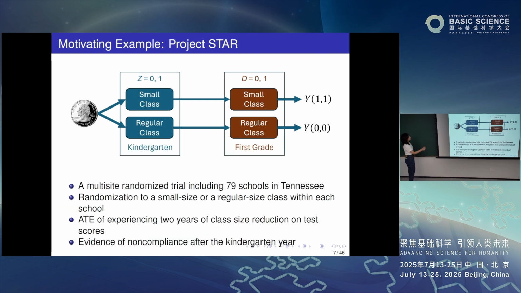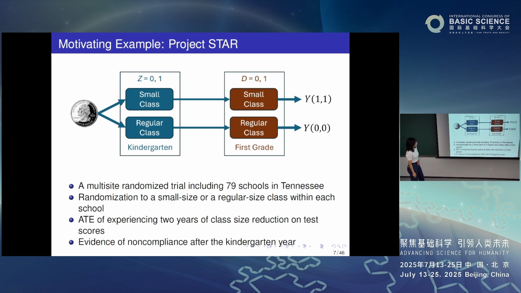Here's our motivating example, Project STAR. Here, STAR stands for Student Teacher Achievement Ratio. This is a project launched in Tennessee, where people are interested in the evaluation of multi-year cumulative impacts of class size on students' achievement.